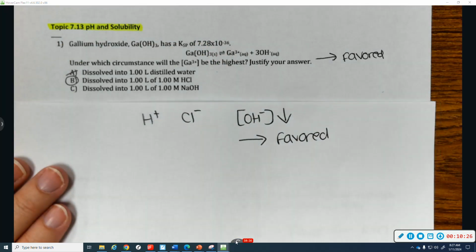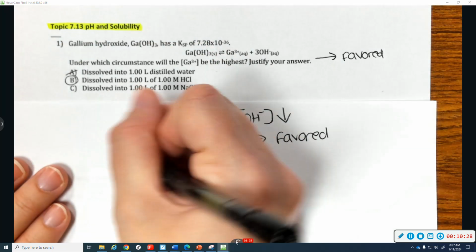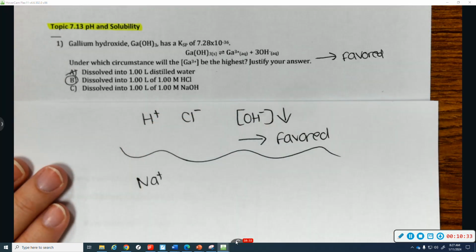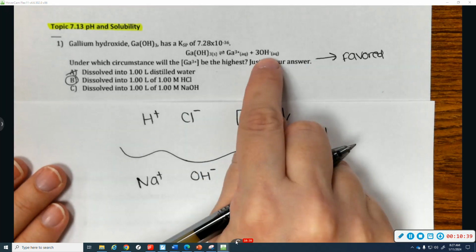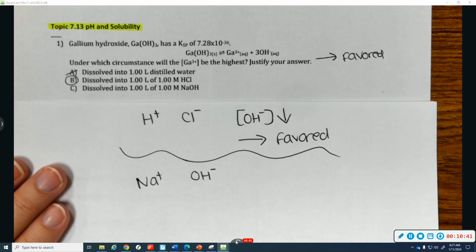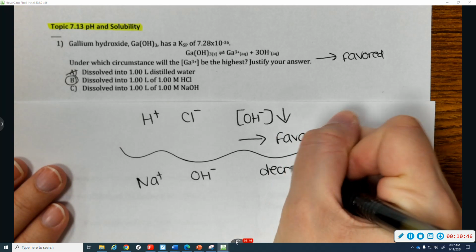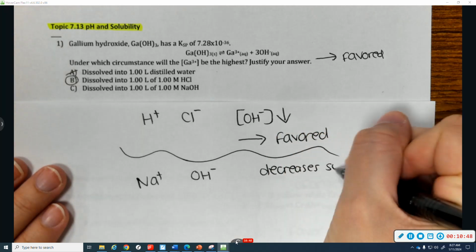But let's just check, why is it not C? Well, if I put it in sodium hydroxide, again, I'm adding sodium ions, which will not do anything in solution, and hydroxide ions. If I add hydroxide ions, I've added a common ion. We should know by now that adding a common ion decreases solubility. What does that mean again?